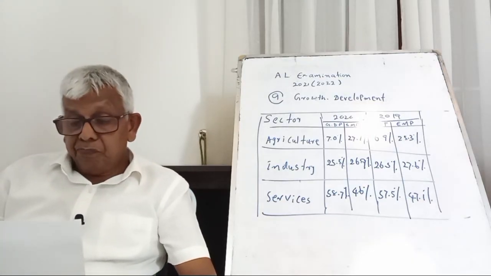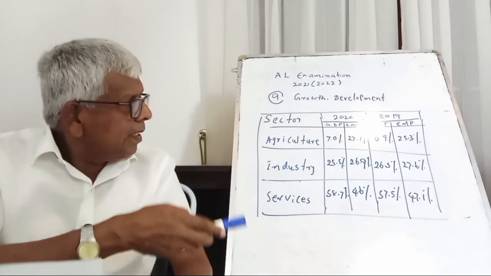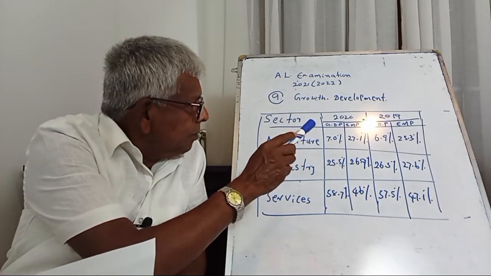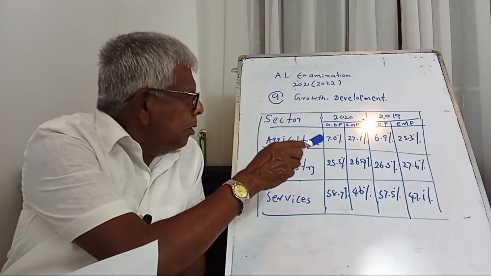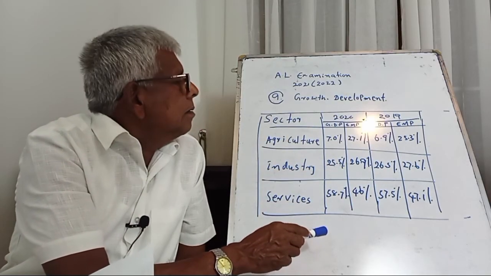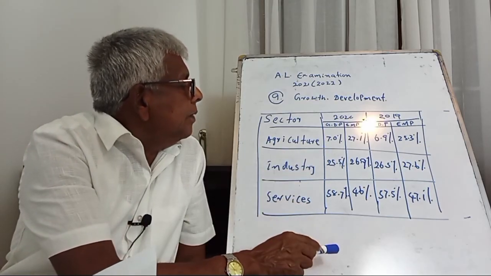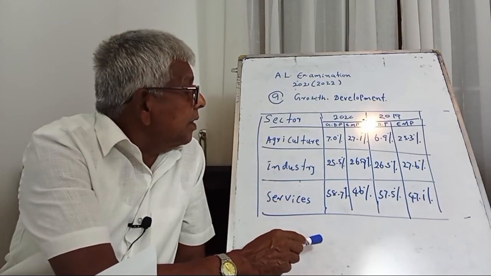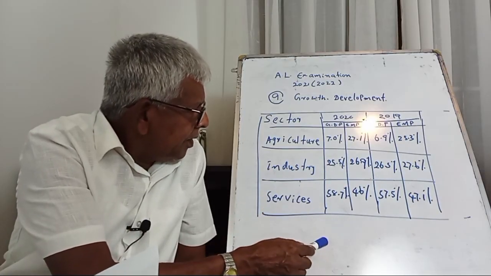Employment 2020: agriculture 27.1%, industry 26.9%, and service sector employment 46%.